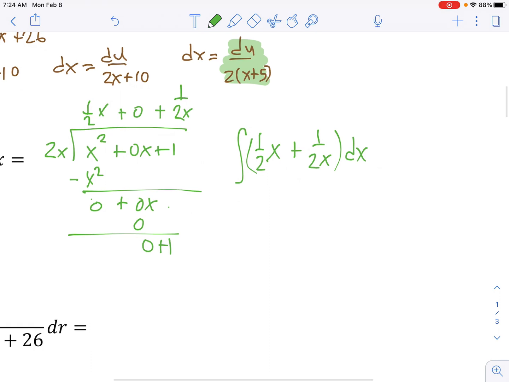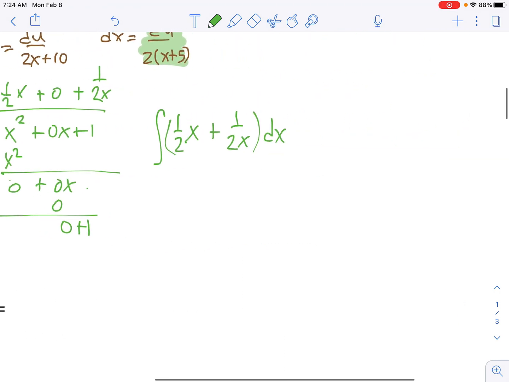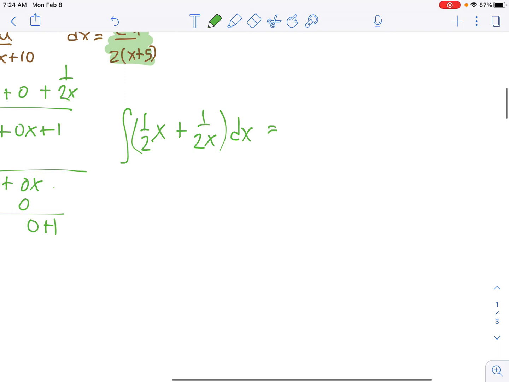And so integrating that, is this a definite integral? No, it's an antiderivative. Okay, I don't need the integral sign, get rid of that. There we go. So we have 1/2 times x squared over 2, that's the antiderivative of x.